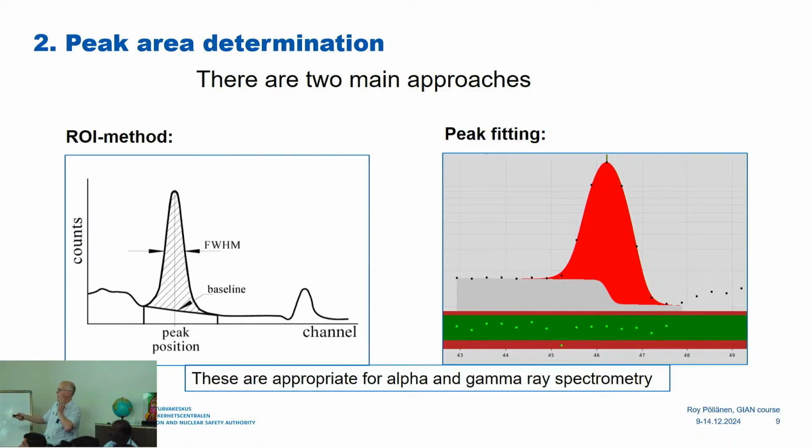In this case, I have taken a so-called step function into account because the base here is higher than the baseline here. Both of these methods can be applied in alpha and gamma ray spectrometry.